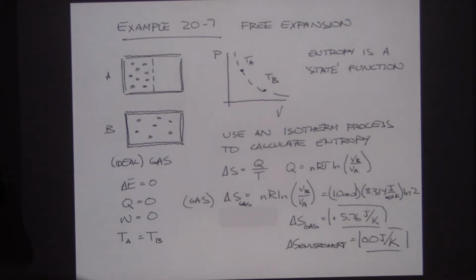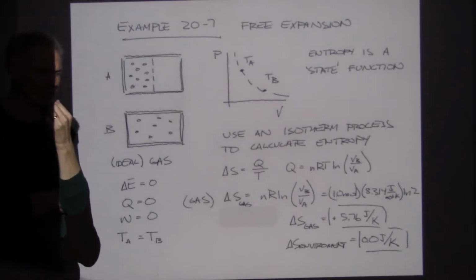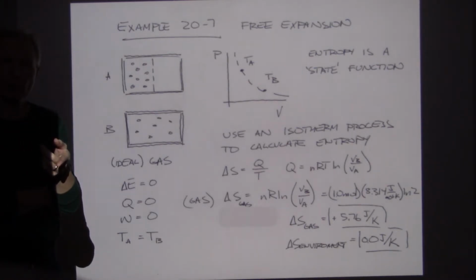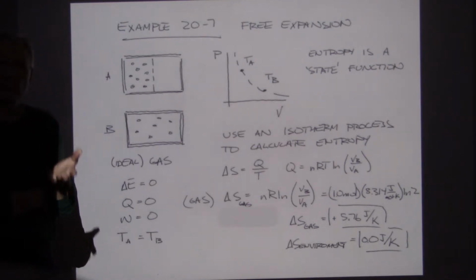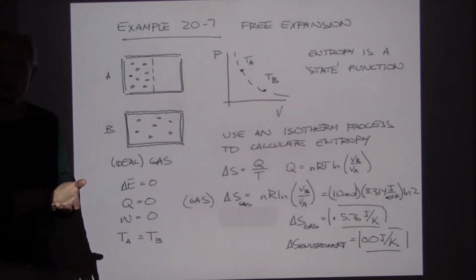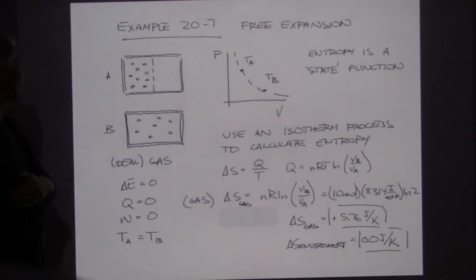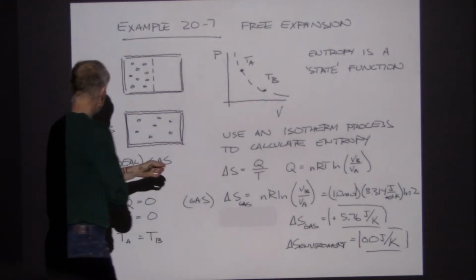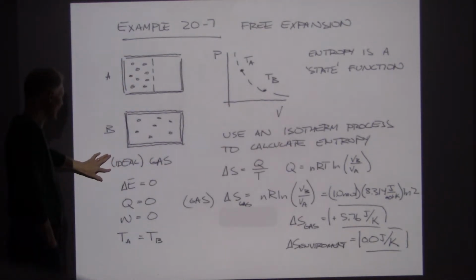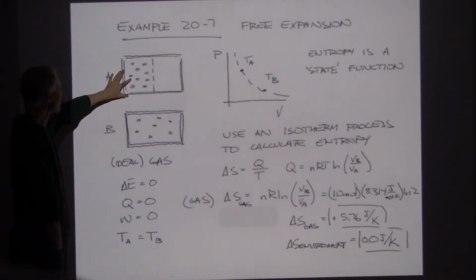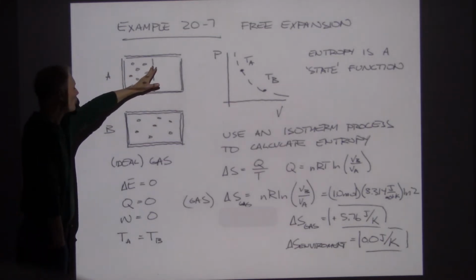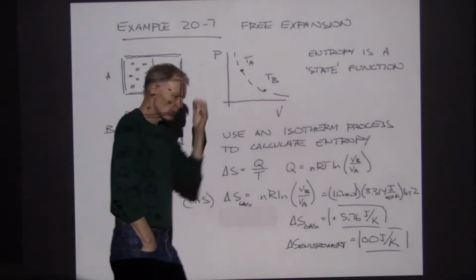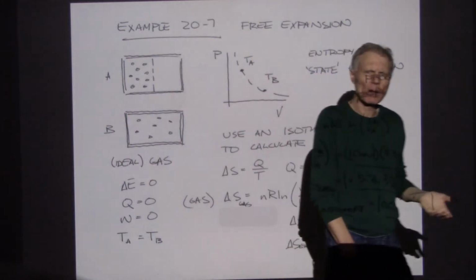How is that going to affect the temperature of the gas molecules? How much work was done? How much heat was transferred during that process? Now, it's an ideal gas, and since the wall was removed here, nothing pushed on the molecules.